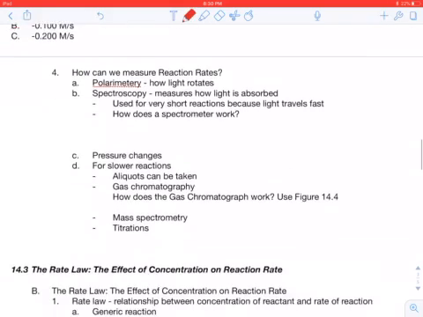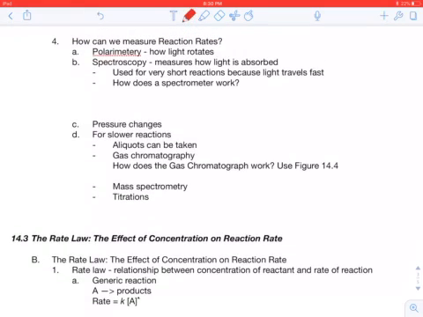So the last part of this section is how can we measure reaction rates? In the very first experiment with Wilhelmy, they used polarimetry, and that's how light rotates. It goes into a little more depth, but we're not going to use it that much in here, so I'm going to save that explanation for if you want to read about it. We can also use spectroscopy, which is measuring how light is absorbed.